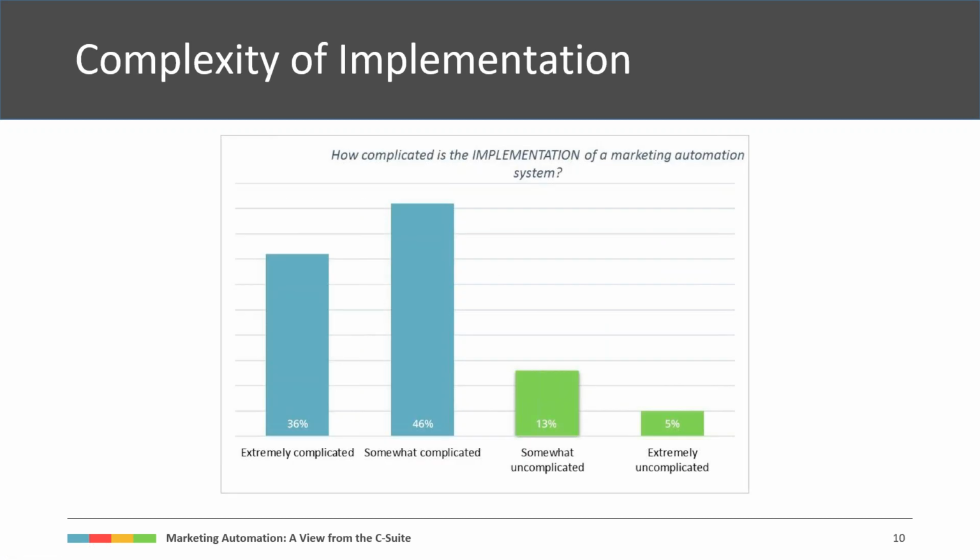The question was about level of complexity, and the majority of them see that implementing a marketing automation solution is extremely complicated or somewhat complicated.